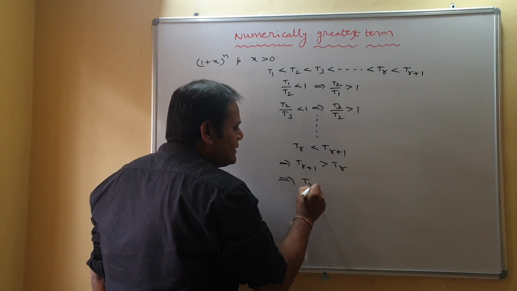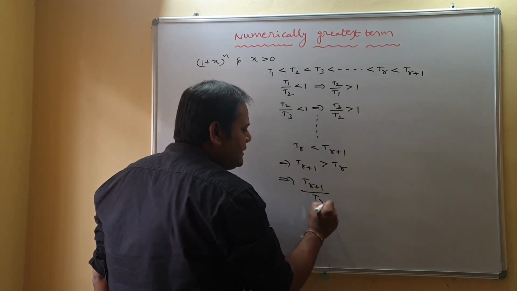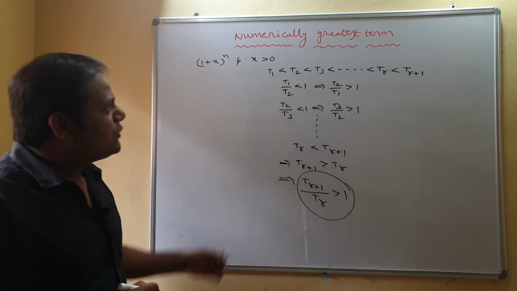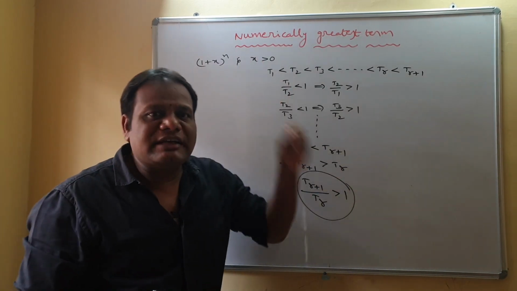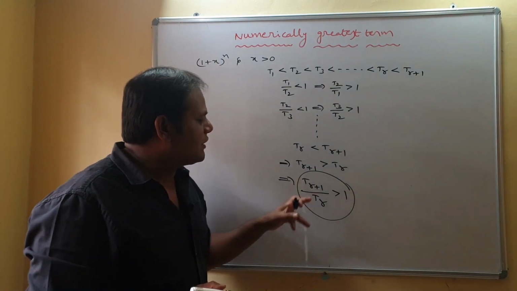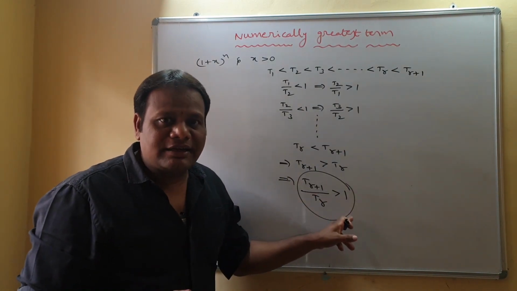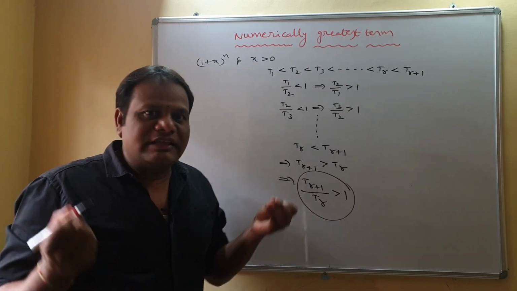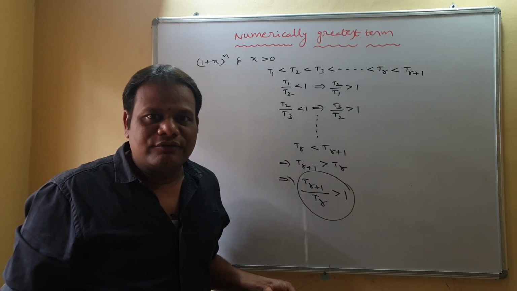Now you can take TR+1/TR > 1. So here we have to find the maximum value of R where TR+1/TR > 1. Then you can identify that term, what is the greatest term we can give.